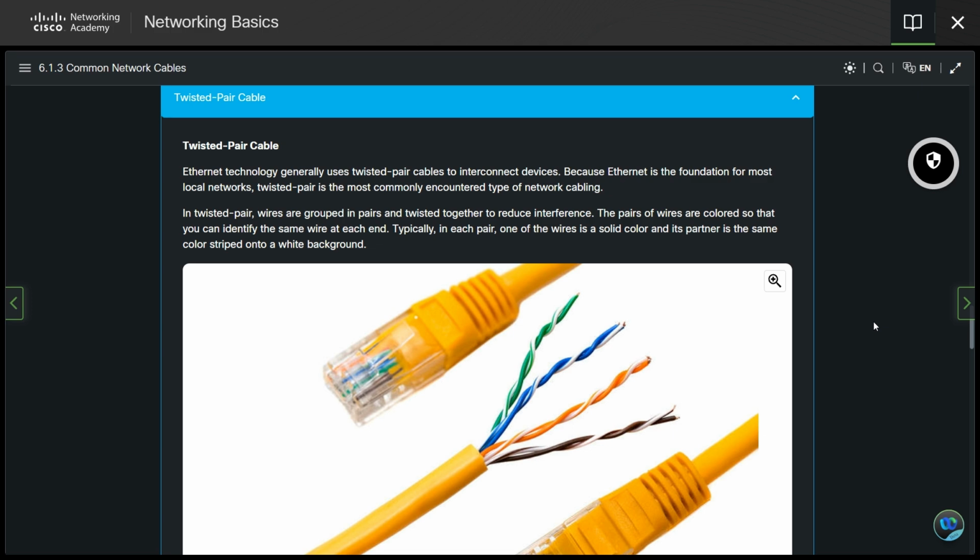In twisted pair, wires are grouped in pairs and twisted together to reduce interference. The pairs of wires are colored so that you can identify the same wire at each end. Typically, in each pair, one of the wires is a solid color and its partner is the same color striped onto a white background.